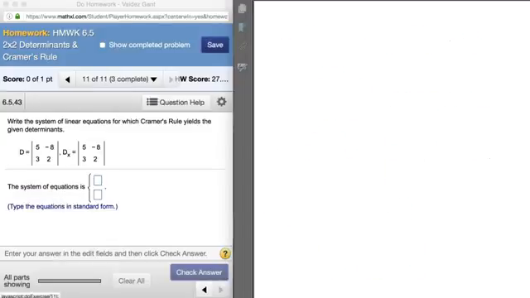All right, so for this last question, what we're asked to do is come up with the system of linear equations based upon the determinant of the coefficient matrix and the determinant of the coefficient matrix with respect to the x column.